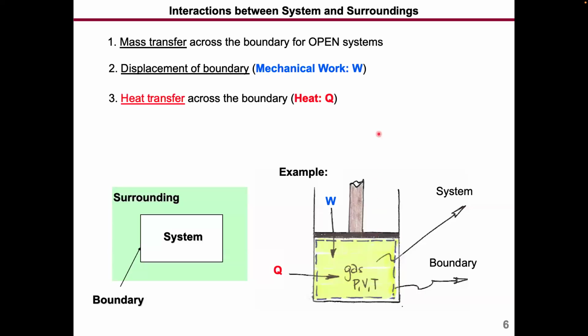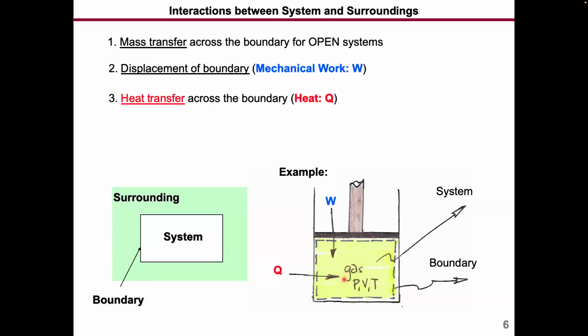Okay. And then the last one is obviously the heat transfer across the boundary. And we usually use Q to represent the heat, okay? And in the previous balloon case, if the air in your surrounding gets hotter, then you are actually going to have some energy flow into the system, right?